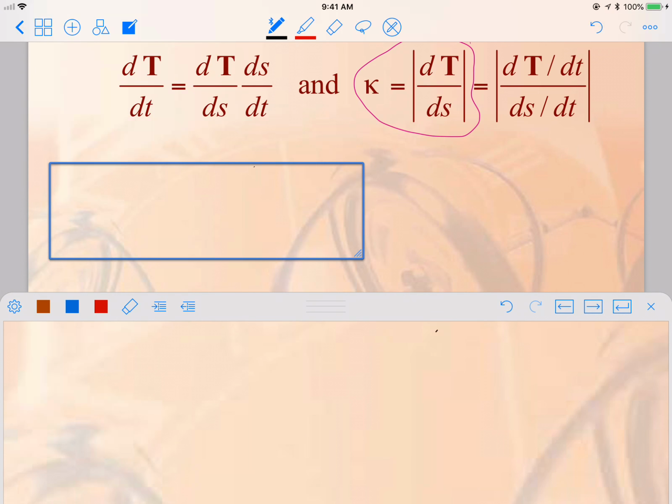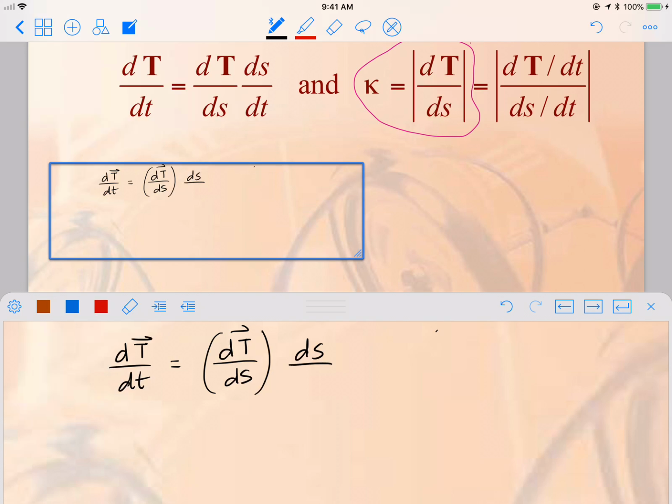We've got dT/dt is equal to dT/ds times ds/dt. Okay, but remember that our curvature is the absolute value, the magnitude of this first derivative.